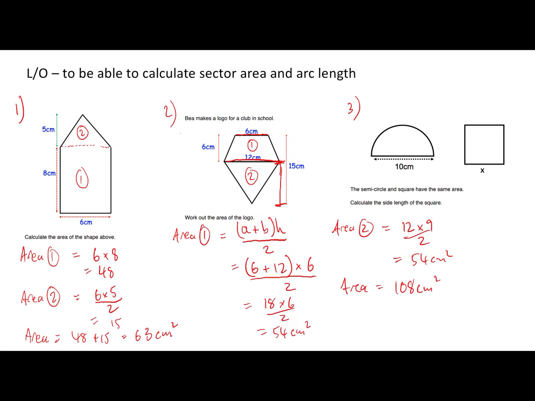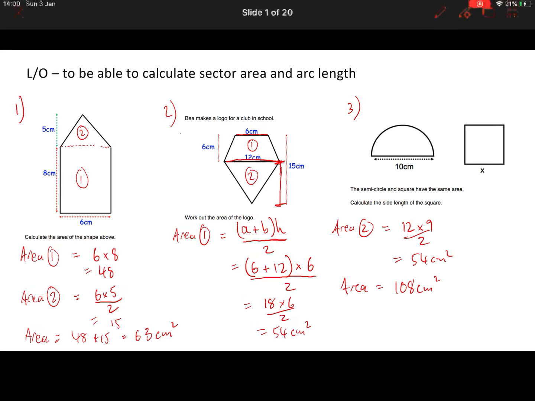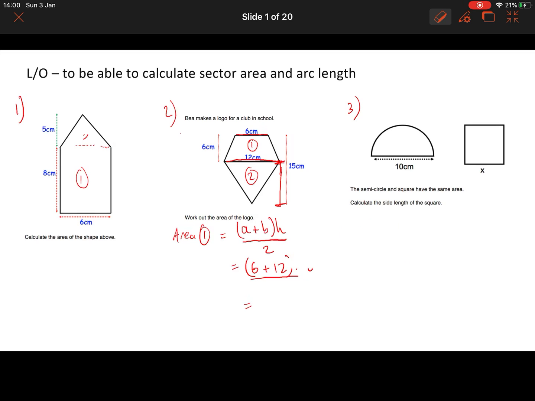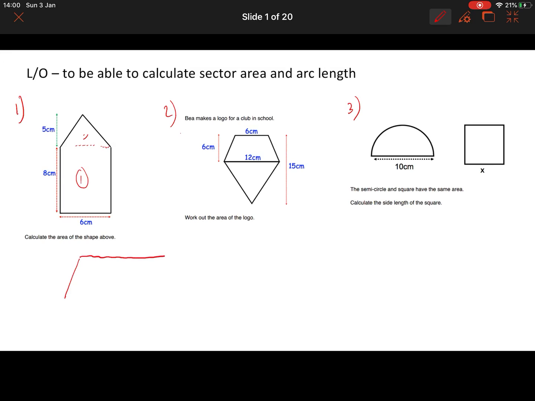So you should already be able to find the area of a rectangle, area of a triangle, area of a trapezium. I would also, while we're at that, expect you to be able to find the area of a parallelogram. So just to remind ourselves, a parallelogram has this equation.